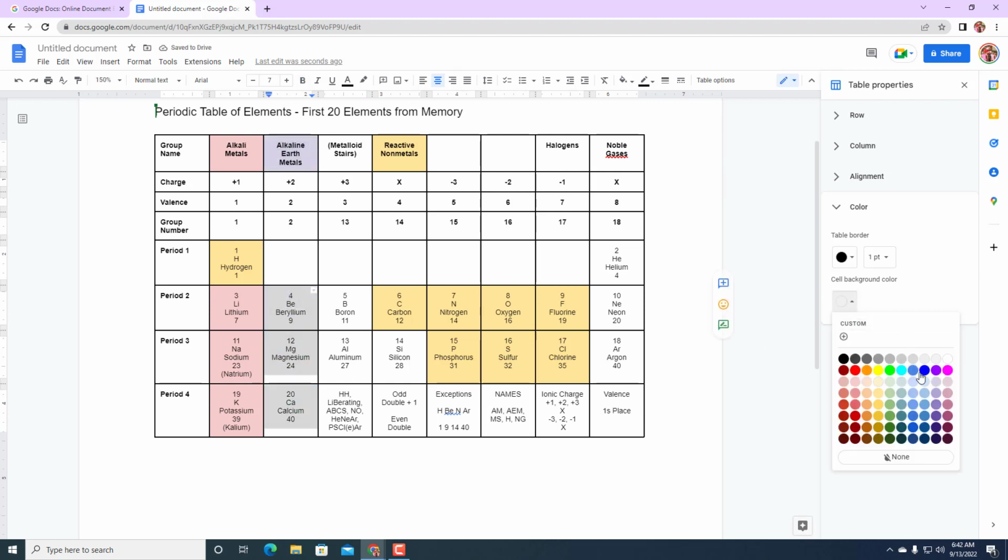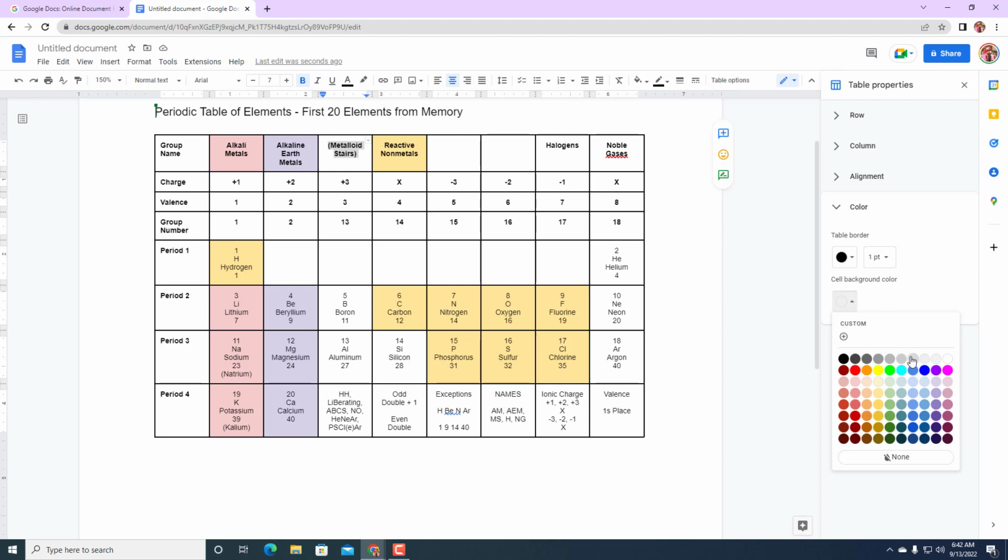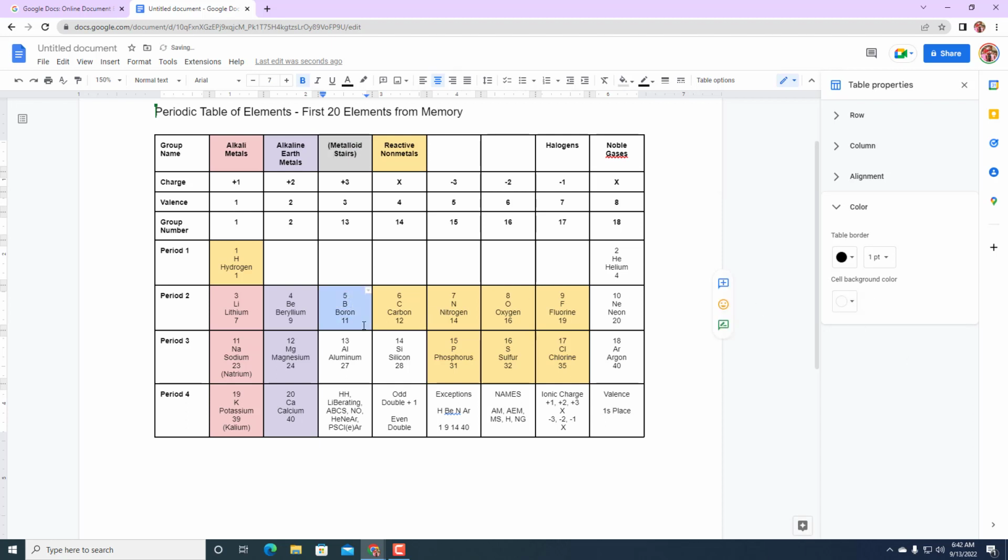There we go. Okay. Then we've got our metalloid stairs, and maybe we'll put a light gray for these stairs. All right, and use that same one. Okay, so boron and silicon, these are metalloids or semi-metals.